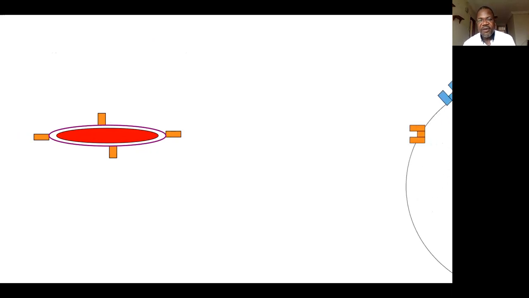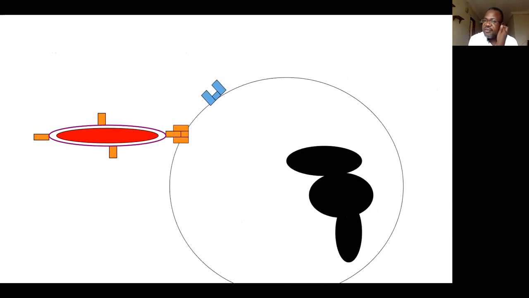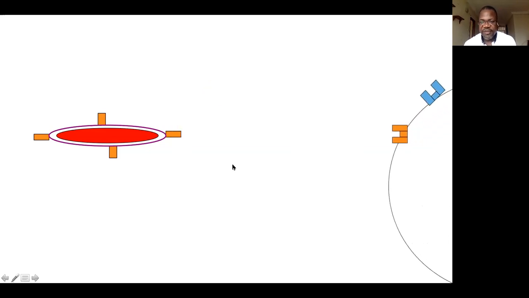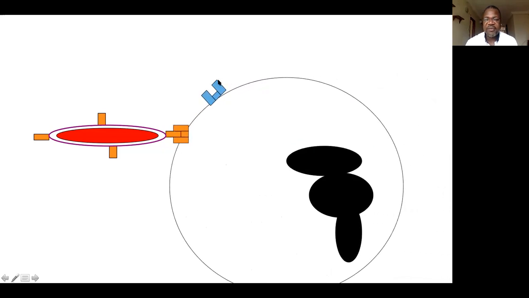Then after opsonization, this is the phagocytic cell that is approaching, and it will then attach to the antibody. You will see that the phagocytic cell has 2 receptors. This is the antibody receptor, and this is the complement receptor. So here it will attach to the antibody that was already attached to the bacteria.